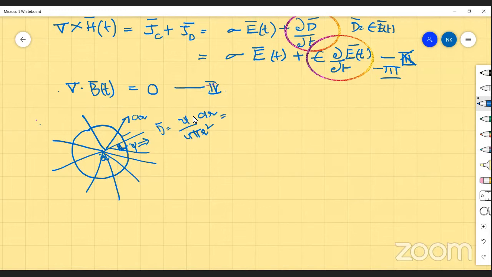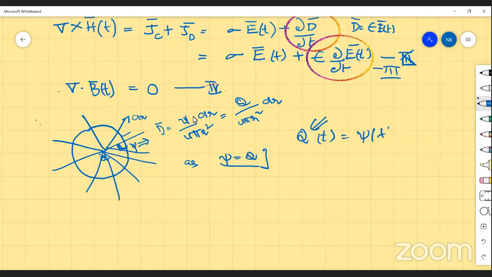Ultimately, that is equal to q by 4 pi r square ar. According to Gauss law, psi is equal to the enclosed charge. So here, what is the difference? Why is the equation the same? If the charge is a function of time, then flux is also a function of time.